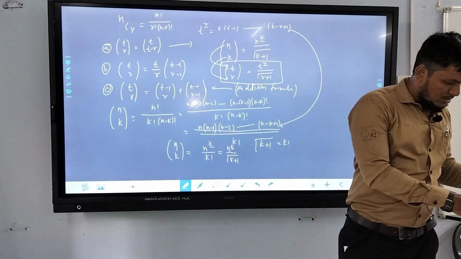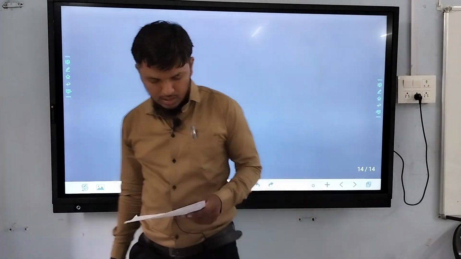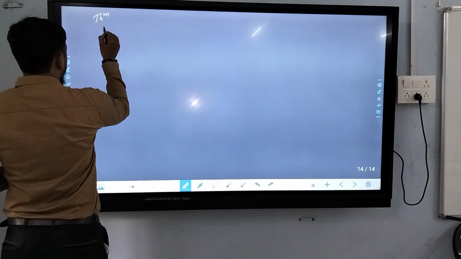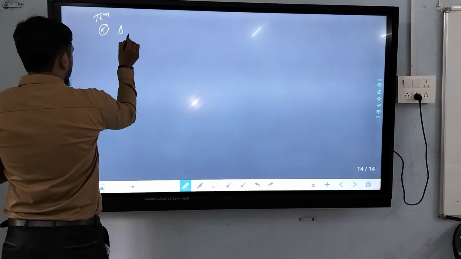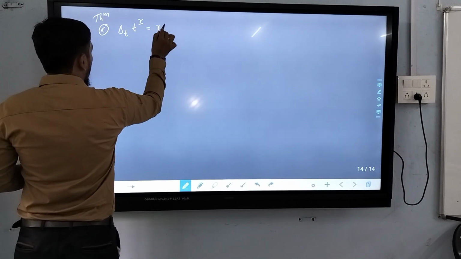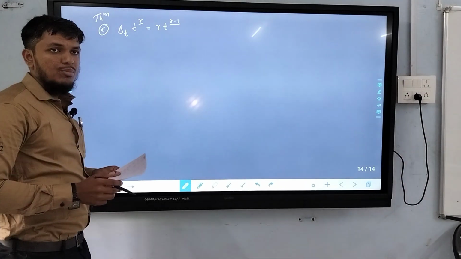So see here, the first part of the theorem is delta t to the r falling is equal to r t to the r minus 1 falling. So you have to prove this one.